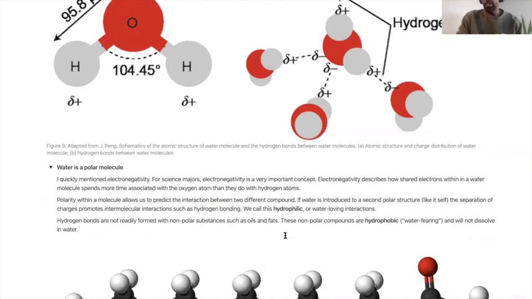So the simple way to remember this is, when we talk about polarity, likes dissolve likes. So polar likes polar and non-polar likes non-polar. You can't mix the two, well, you can, but you don't have the proper interaction. And that's what we call hydrophobic. So hydrogen bonds are not readily formed with nonpolar substances such as oils and fats.